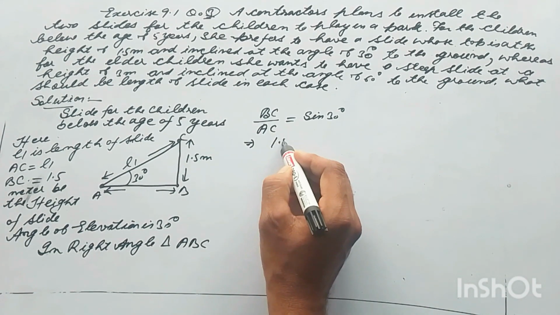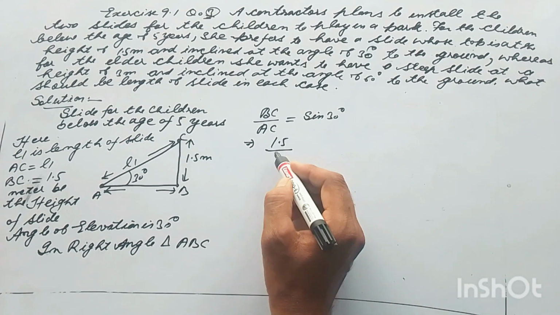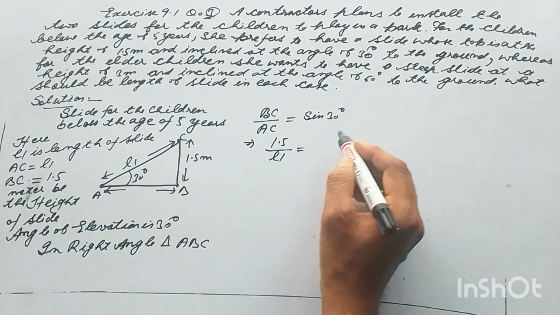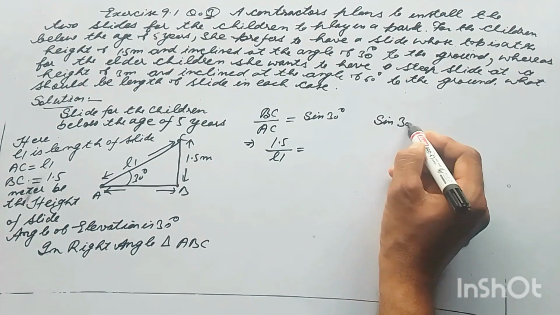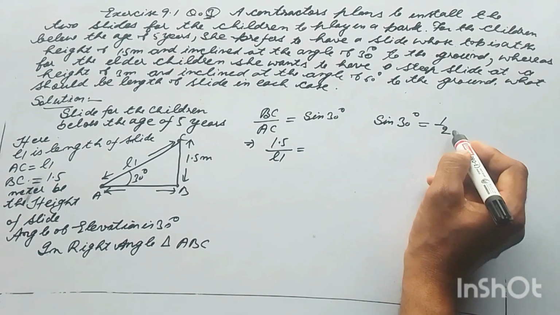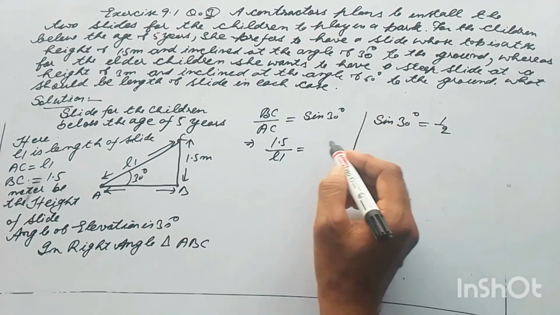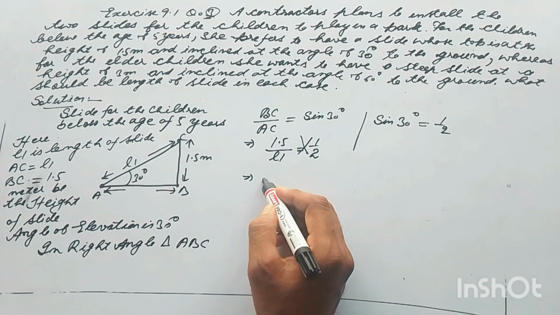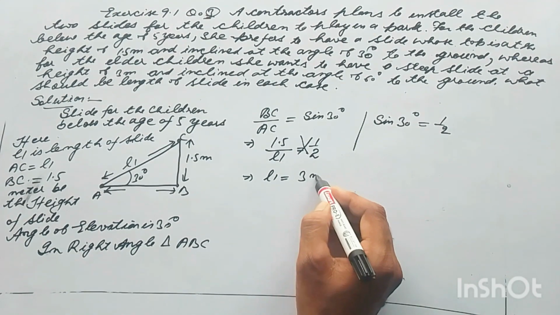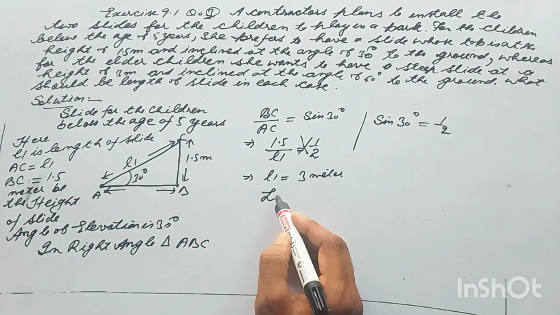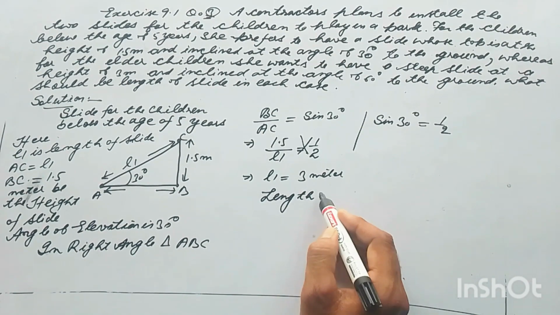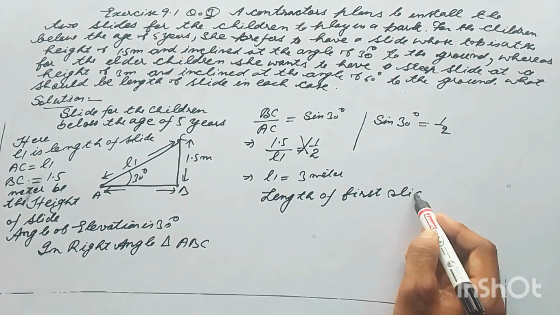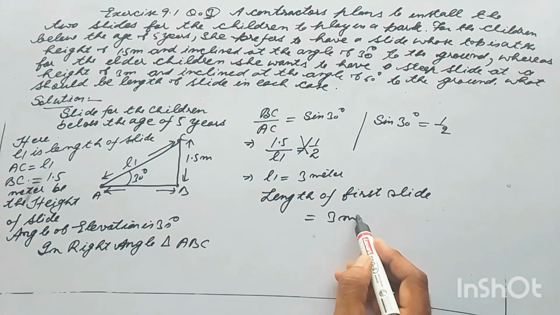BC that is 1.5 meter and AC that is L1 equal to the value of sine 30 degree, that is 1 by 2. After cross multiplication we have L1 equal to 3 meter. Length of the first slide equal to 3 meter.